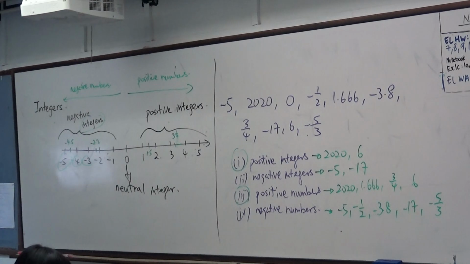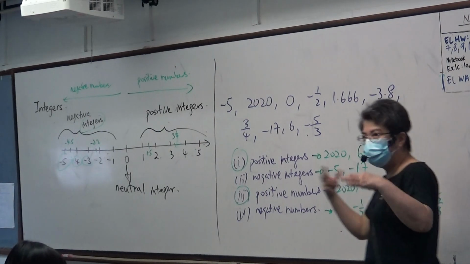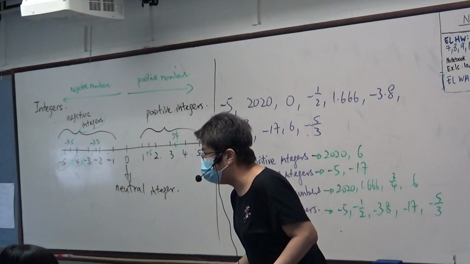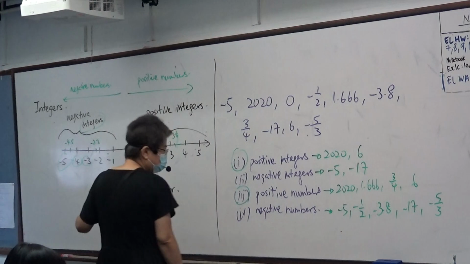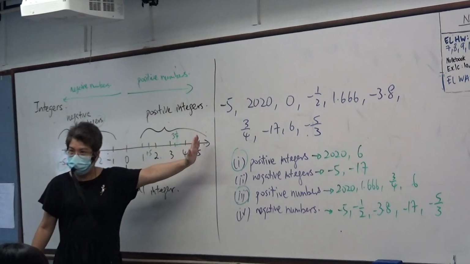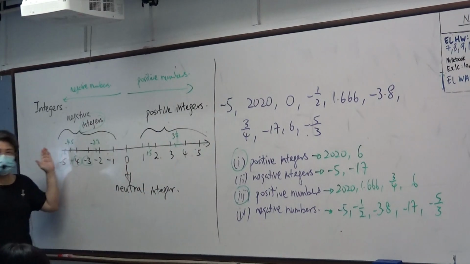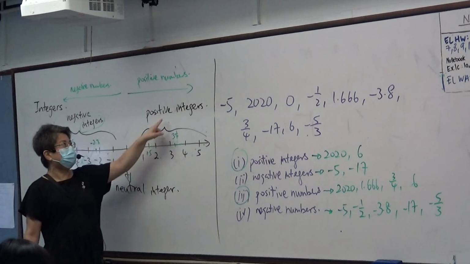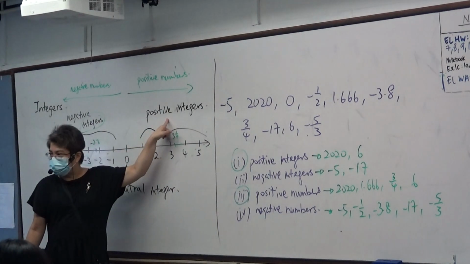I just want to say this for a while, because the next lesson I'm going on to greater than, less than, and how to evaluate, how to use a calculator. Are you all clear with me? All of you listen now. This side are all called positive numbers. This side are all called negative numbers. But if it is a whole number, it is called an integer.